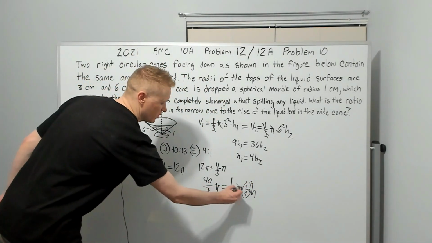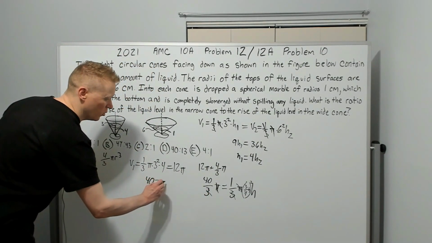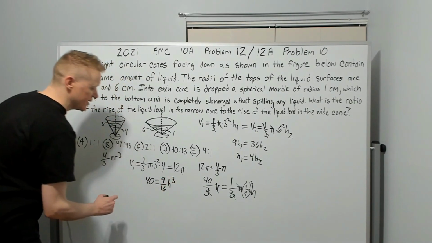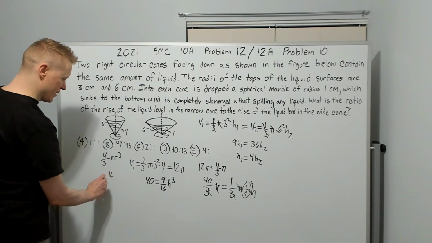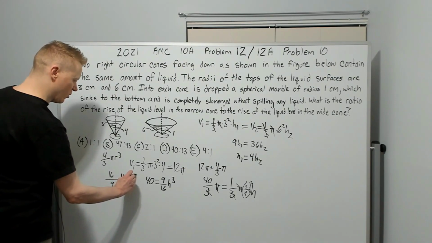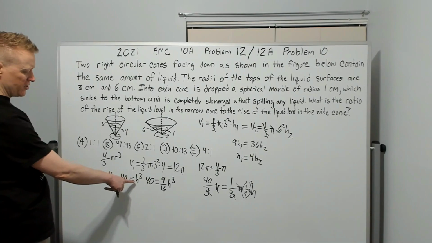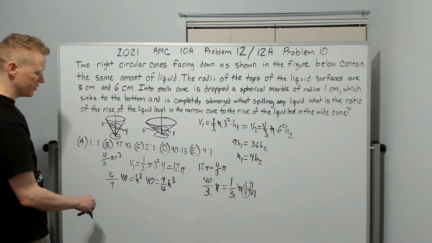So the pi's will cancel, the 3's will cancel. I'm going to get 40 equals 9/16 h cubed. I will then multiply by 16/9 times 40 equals h cubed. And we need to find out what the new height is and then subtract 4. So I need the cube root of this.